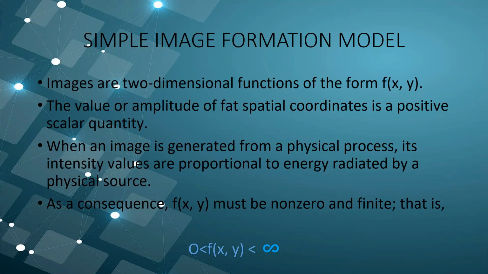This means that an image captured by a sensor is directly proportional to the energy radiated by the physical source, so the amount of energy falling on a sensor is directly proportional to the image formed from that sensor.